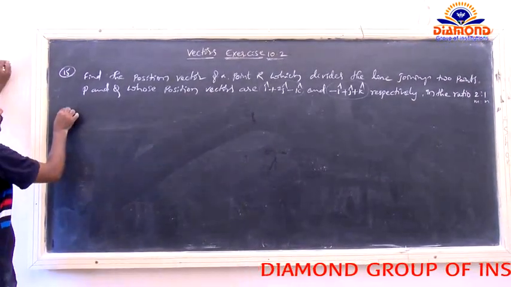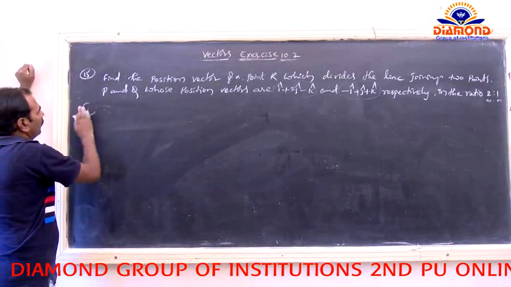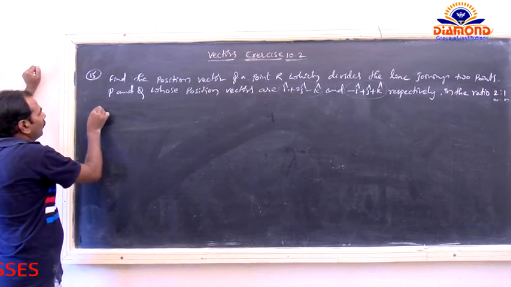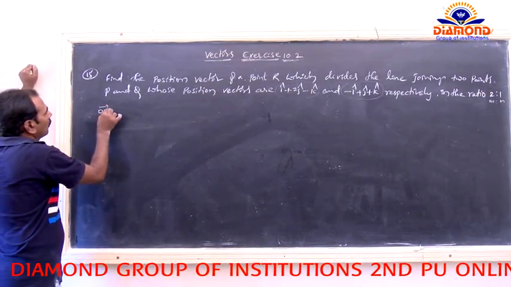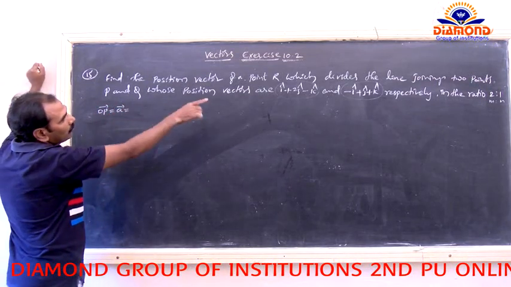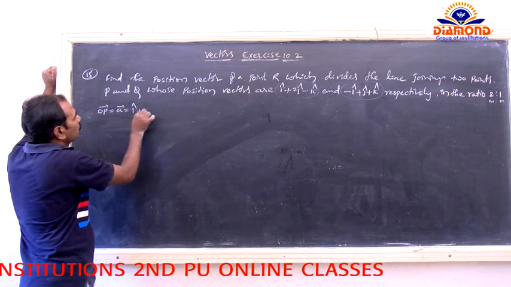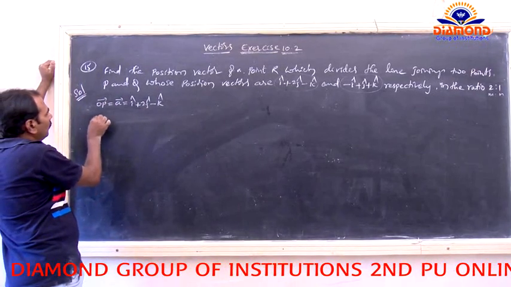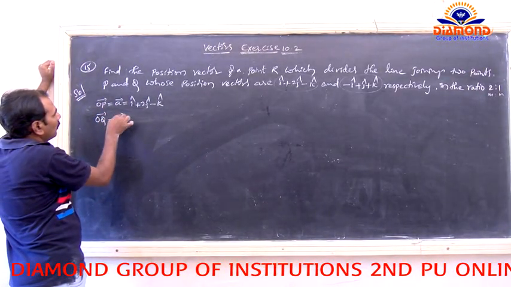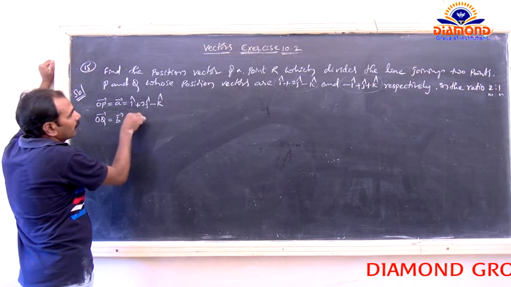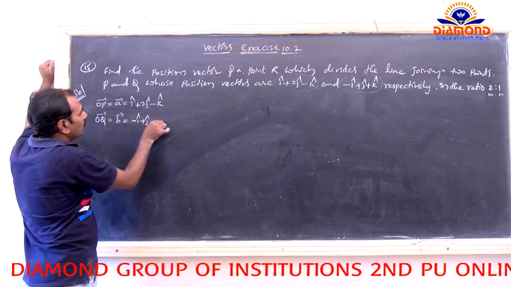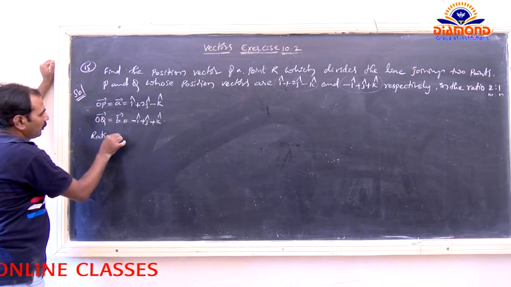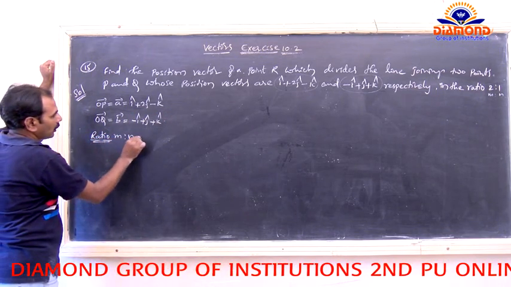First, P vector is OP bar, nothing but A bar equal to I cap plus 2j cap minus k cap. OQ bar equal to B bar equal to minus I cap plus j cap plus k cap. Next, ratio m:n equal to 2:1.